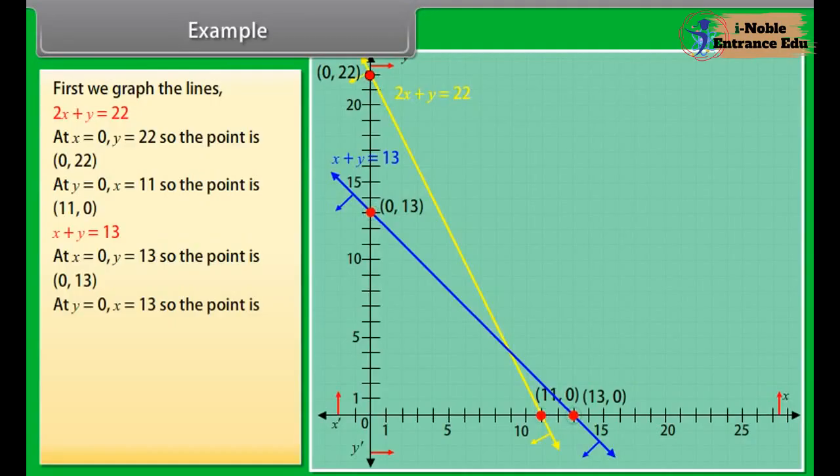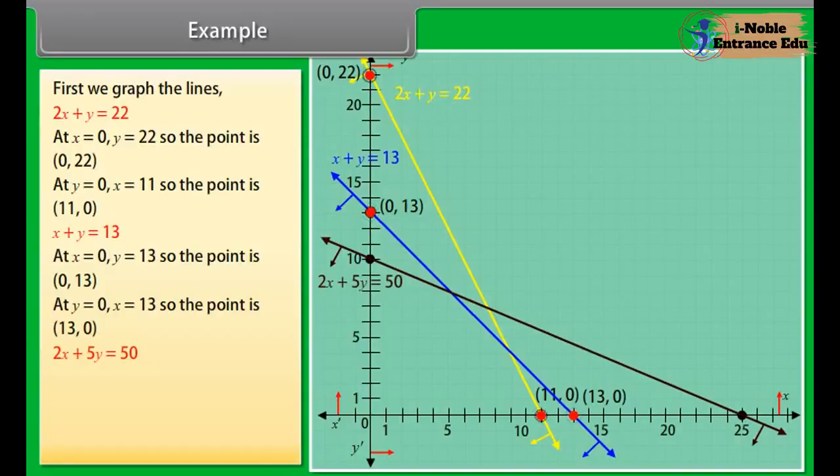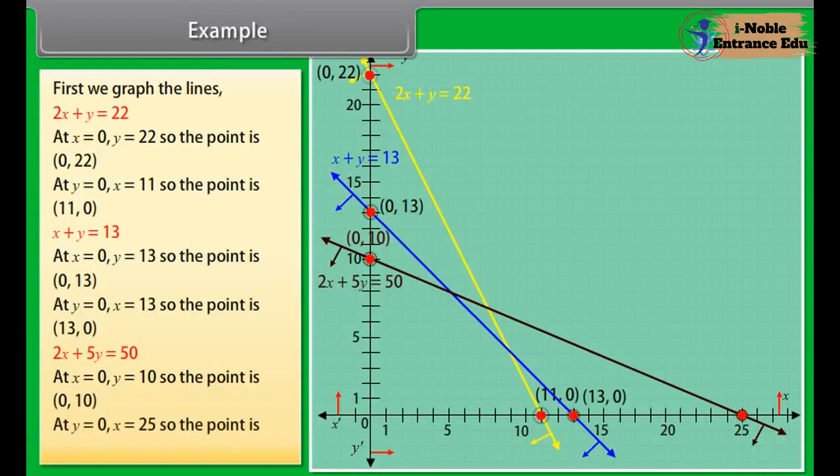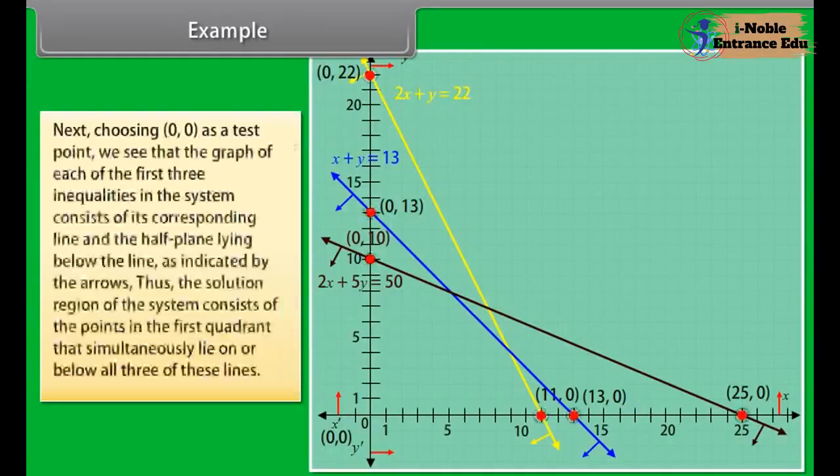2x plus y is equal to 22. At x is equal to 0, y is equal to 22. So, the point is (0, 22). At y is equal to 0, x is equal to 11. So, the point is (11, 0). x plus y is equal to 13. At x is equal to 0, y is equal to 13. So, the point is (0, 13).